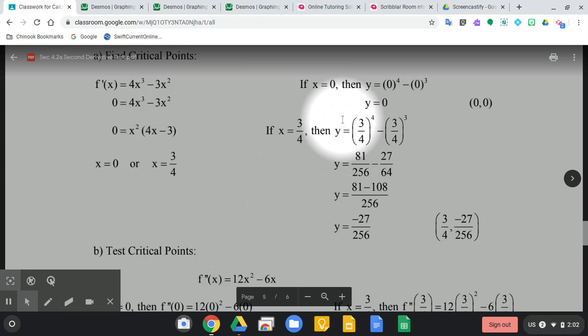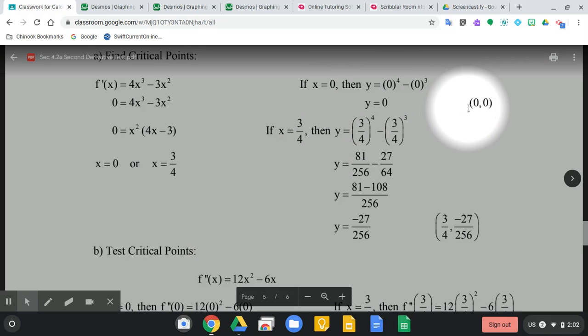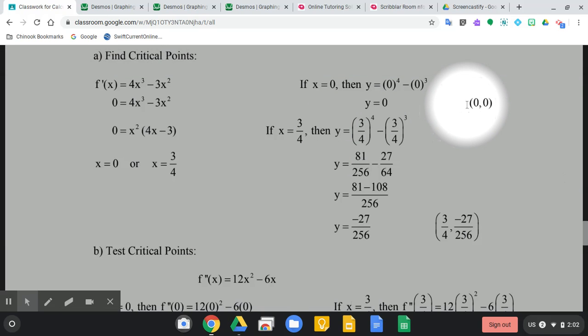If x equals 0, that was the one point we found, and I substituted into the original function, my y value is 0. So I have a possible critical point at 0, 0. If x equals 3/4, and I substitute it in, go through all the work of simplifying the fractions, we have another possible critical point at 3/4 and minus 27 over 256.